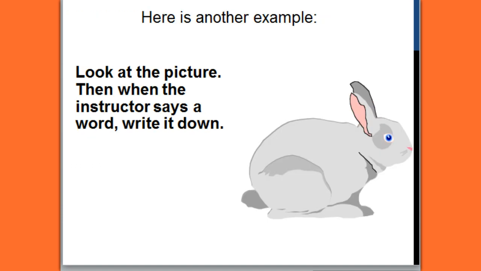All right, here's another one. So take a look at this picture. Now I'm going to say a word, and you write it down or spell it in your head. You don't have to write it down. I wouldn't know anyway because I'm not there. So the word is hair.